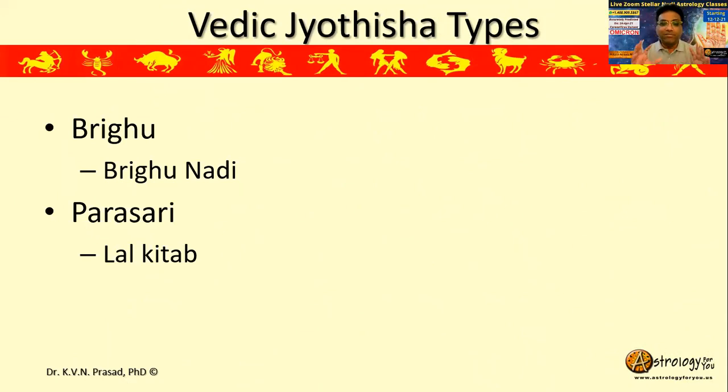Somebody wrote it in a red book, and there are a lot of slokas and a lot of references, predictions, and remedies. So a lot of people use Lal Kitab remedies also. Okay, so that is there. And there is another Rishi called Jaimini, who advanced the subject further after Parashara Maharshi.